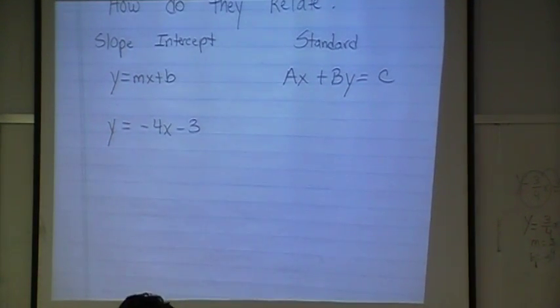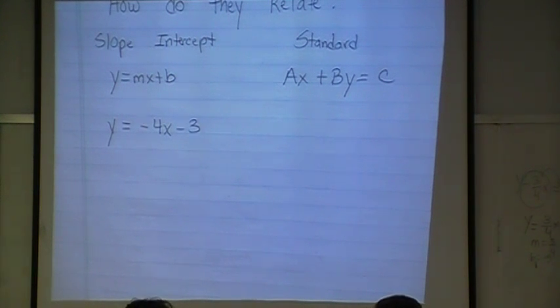So I have an equation up there: y equals negative 4x minus 3. What form is that equation written in? Slope-intercept. You can find the slope. You can find the y-intercept. What if that's all they gave you and they asked you to find the x-intercept? Hope everybody's listening because this is where math comes in.